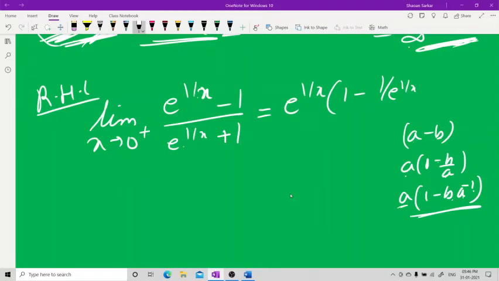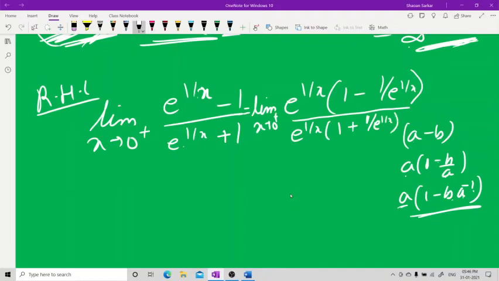Now this is written like this, and let me write down the limit here. Limit x tending to 0 plus, again I am taking e to the power of 1 upon x common from here, and writing 1 minus 1 by e to the power of 1 upon x.